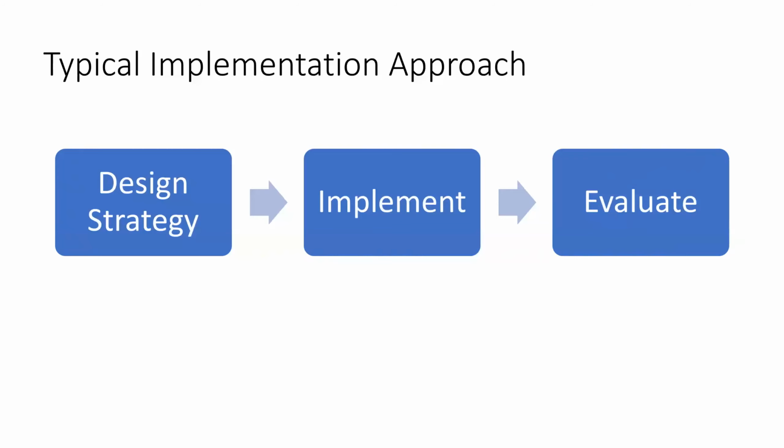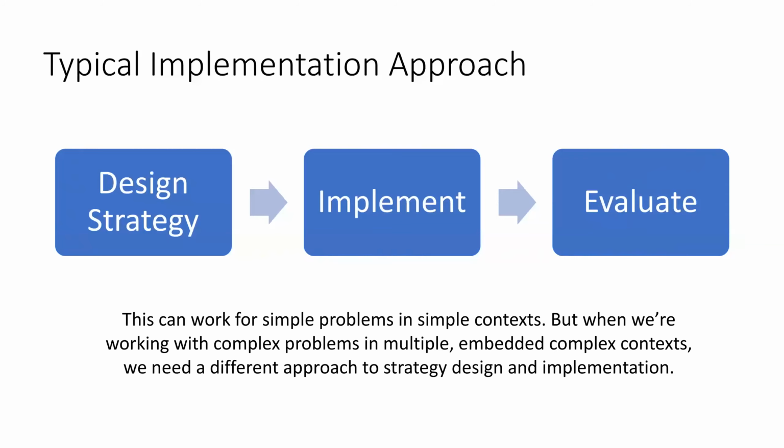Okay. So again, this simple formula can work for simple problems in simple contexts, but when we're working with complex problems in multiple embedded complex contexts, we need a different approach to strategy, design, and implementation. So let's take a look at what that looks like.